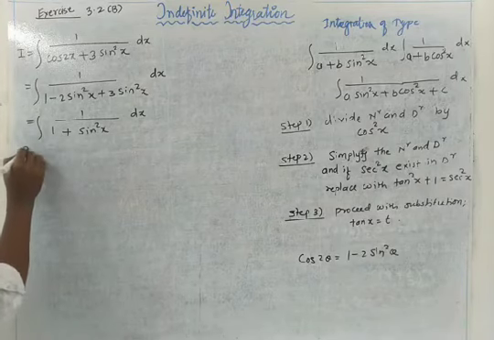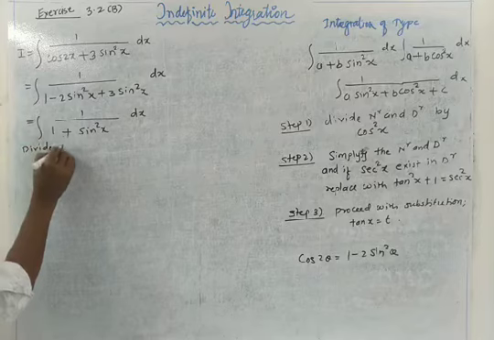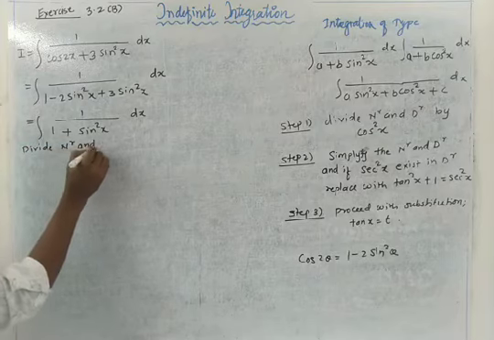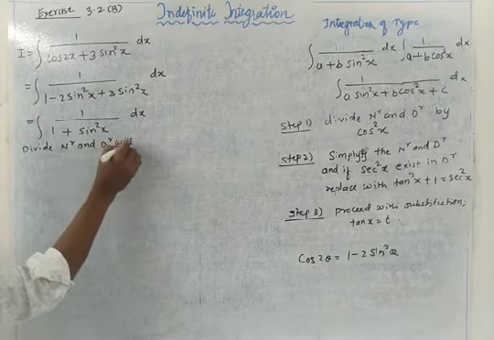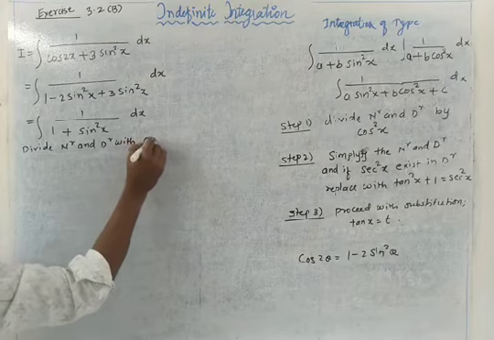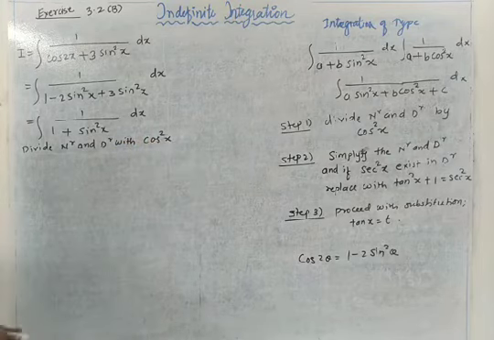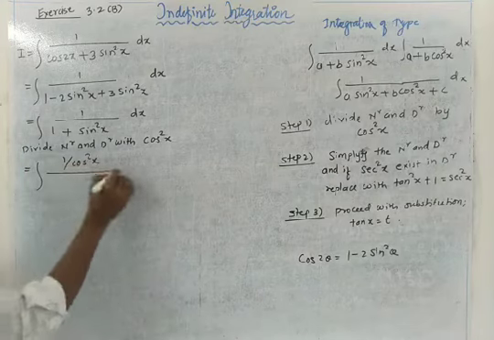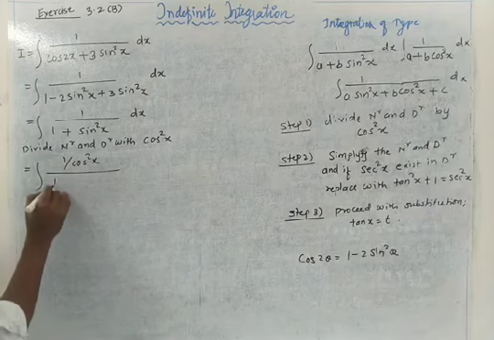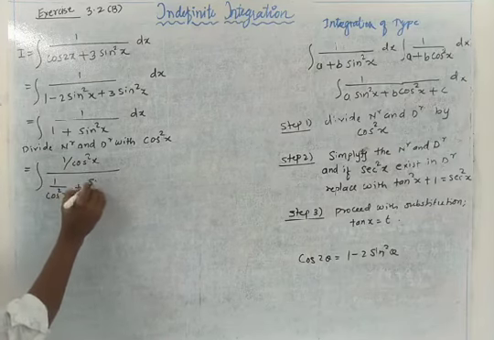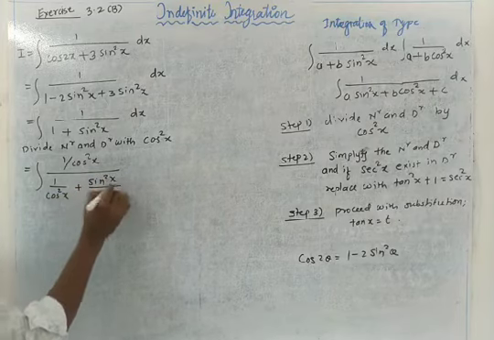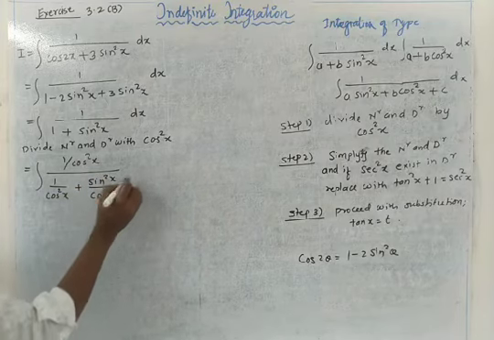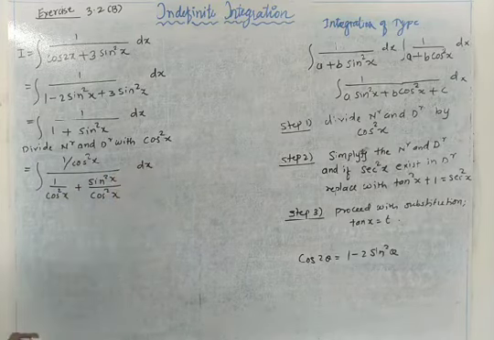So first step, divide numerator and denominator by cos square x. Get it? So we will get integration of 1 upon cos square x divided by 1 upon cos square x plus sin square x upon cos square x dx.